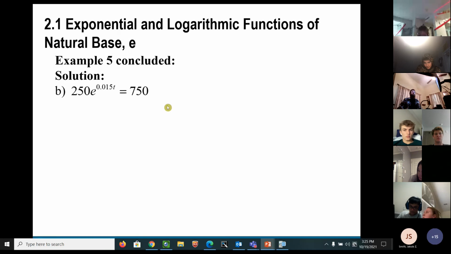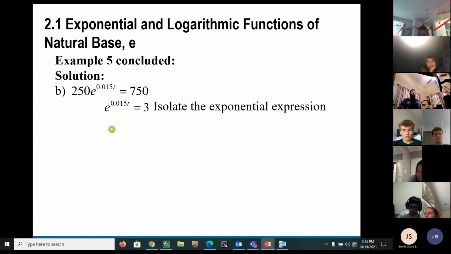All right, what do you do with this one? Well, actually, this e, that natural log again, you could take the natural log of it after you got it by itself. So that would be e to the 0.015 t equals 3. Take the natural log of both sides, 0.015 t equals natural log of 3.